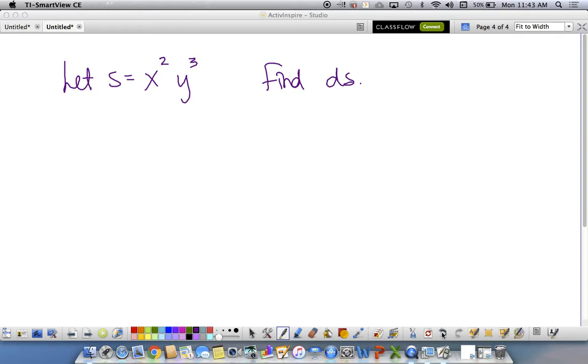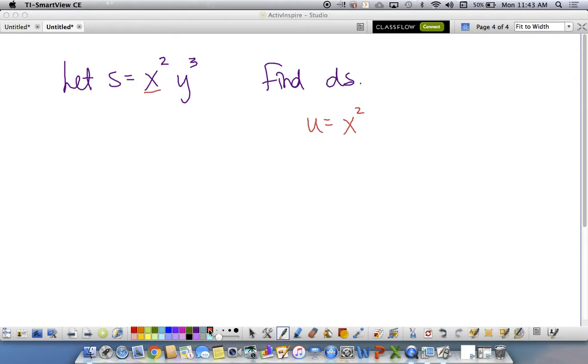Our product rule is still first differential second plus second differential first. So first d second plus second d first. Am I still going to go to the side and write my u? You bet I am. What is my first function? It is x squared.